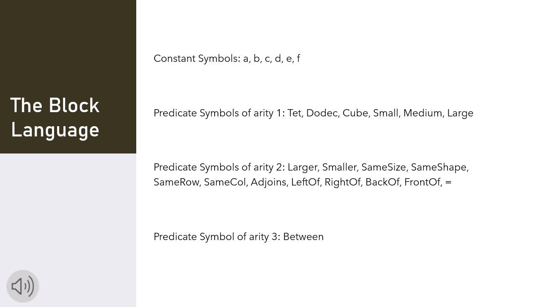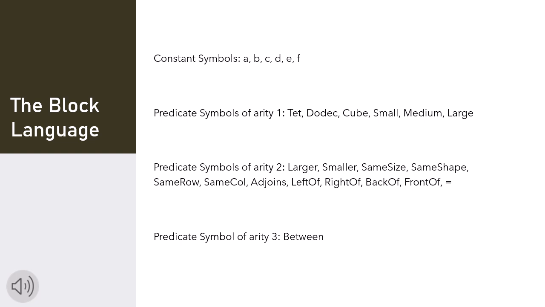The first thing to point out here that you don't see on this slide is function symbols, and that's because the block language in its form for Tarski's World doesn't contain any function symbols. However, there is at least one homework exercise where you'll be asked to add some function symbols to this language, and even submit it electronically.